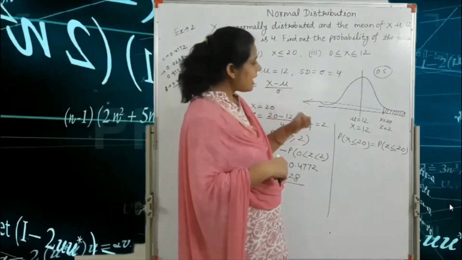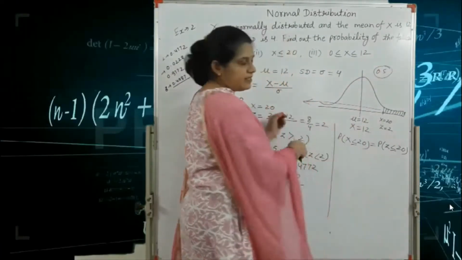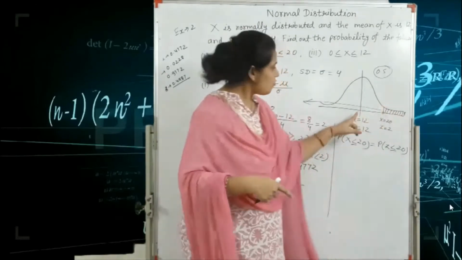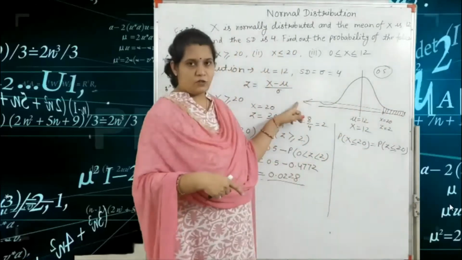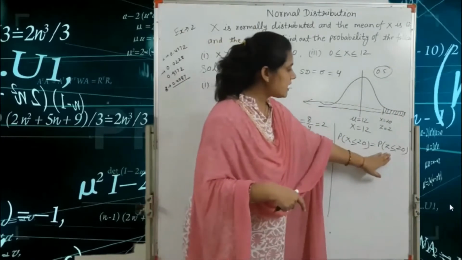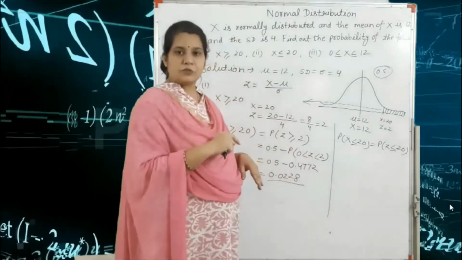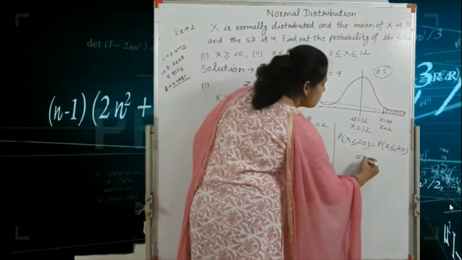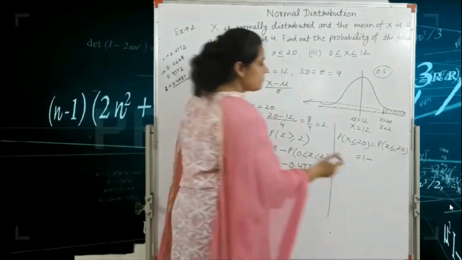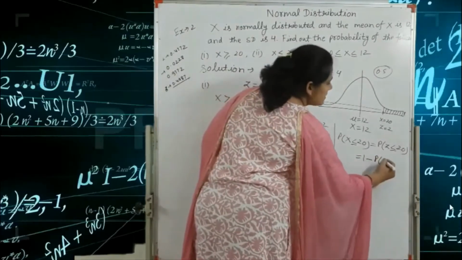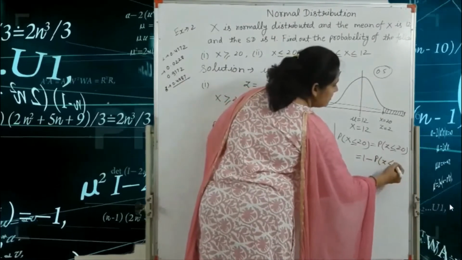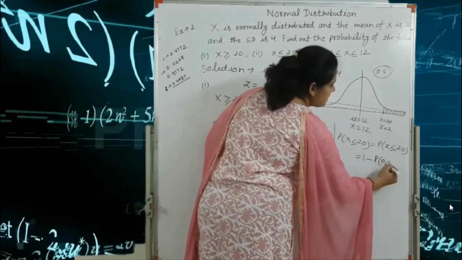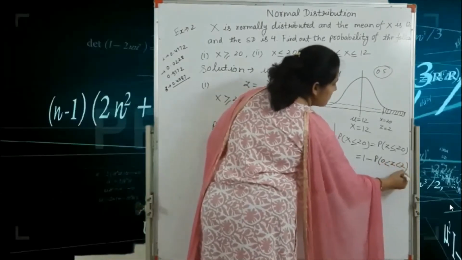Got it? So here the probability of z less than or equal to 2, we write here 1 minus.